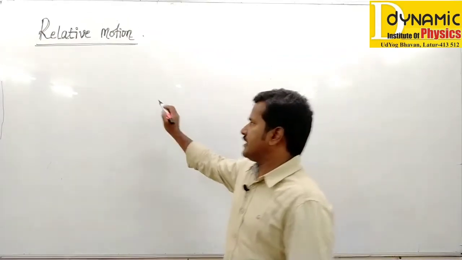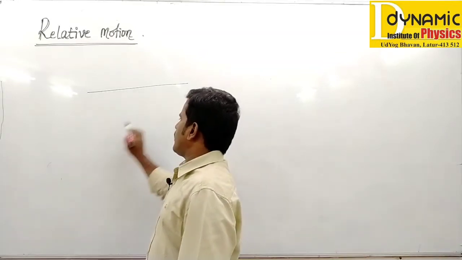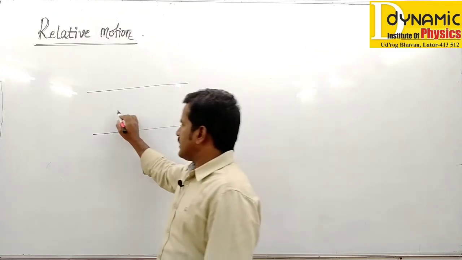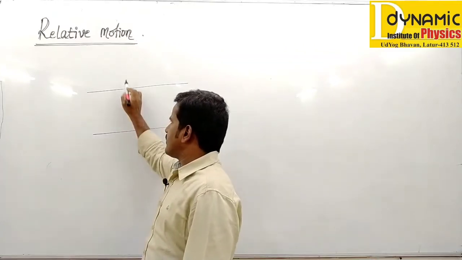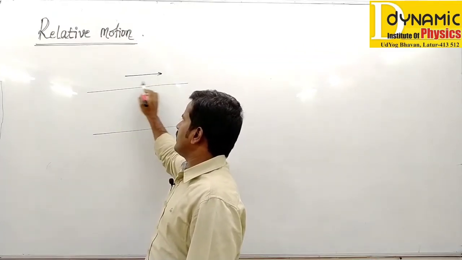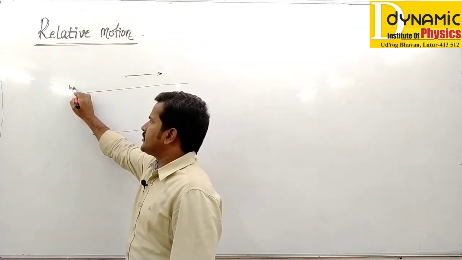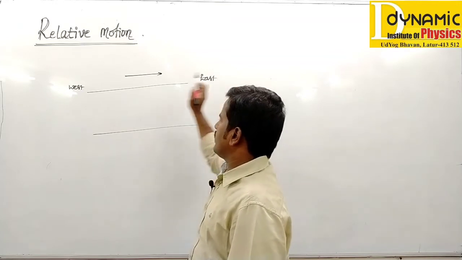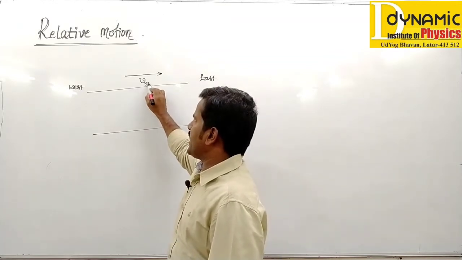In relative motion, consider river motion. The river flows from west to east, and the velocity of the river is Vr.